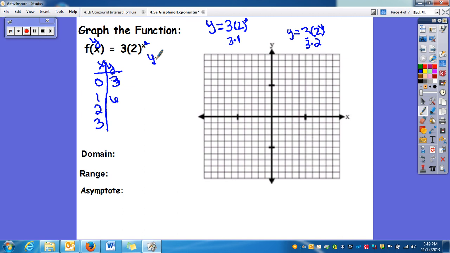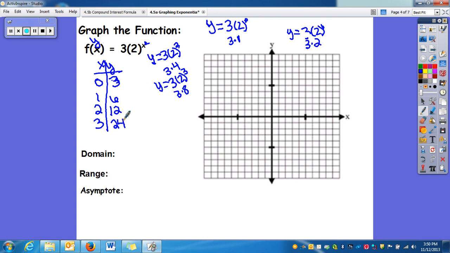We'll do the next one over here. y equals 3 times 2 squared. 2 squared is 4. 3 times 4 is 12. Alright. And then y equals 3 times 2 cubed, which is 8. 3 times 8 is 24.